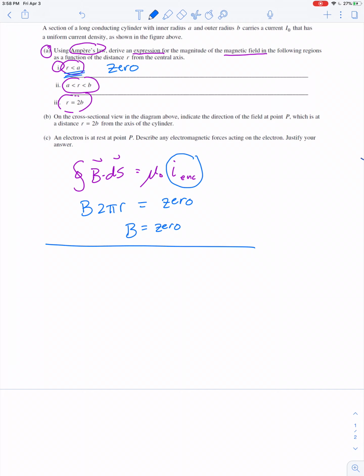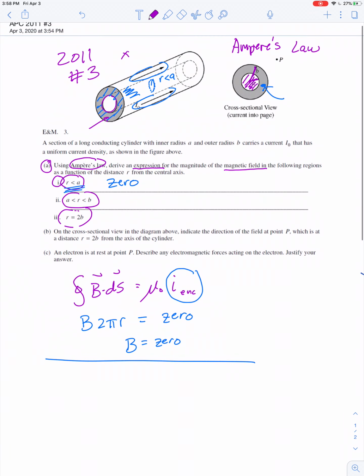Again, we have to do it using Ampere's Law. So let's draw an Amperian loop. I'd draw a circle whose radius is less than b but greater than a.